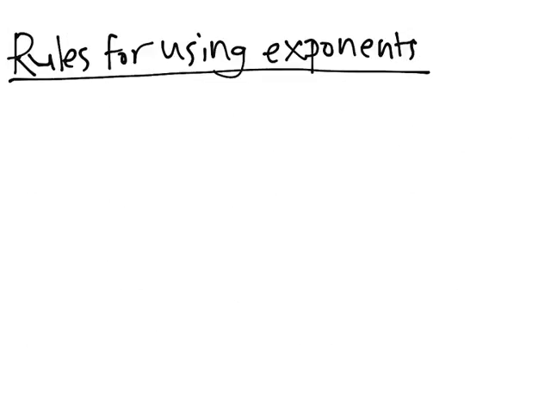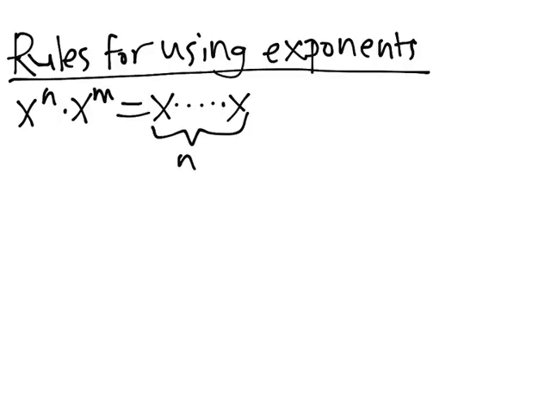To be able to manipulate monomials, we first need to understand how exponents work. Here are a few rules for how to use exponents. If we have the product of two powers with the same base, such as x to the n times x to the m, then we get x times ... times x, where x is multiplied by itself n times, multiplied by x times ... times x, where x is multiplied by itself m times.